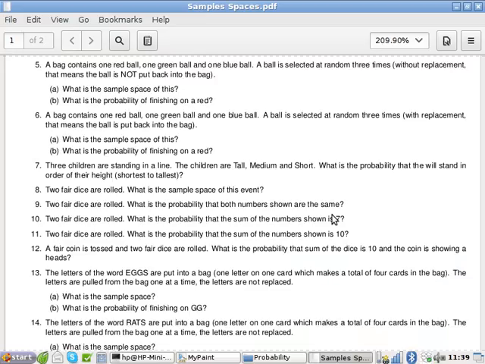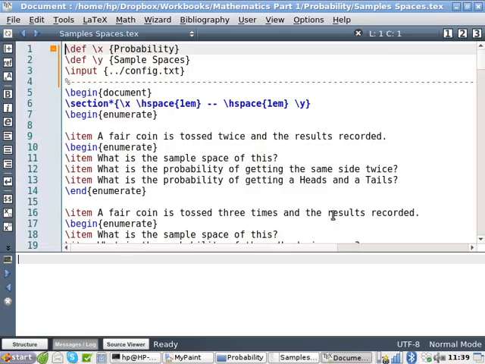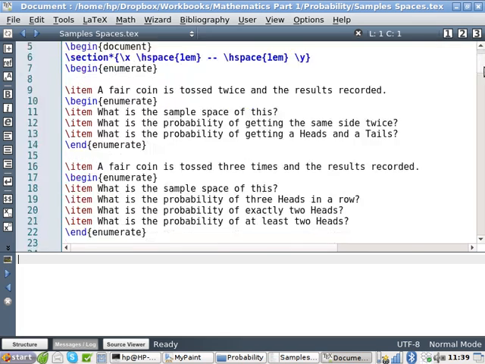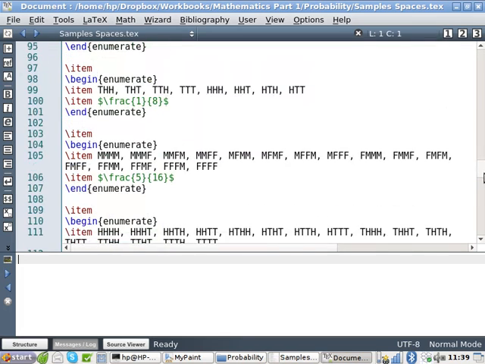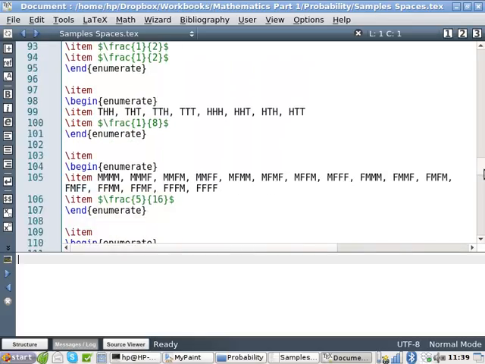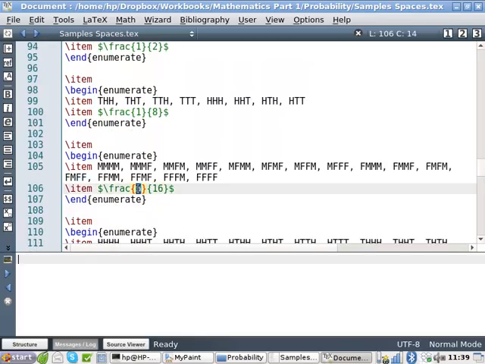The mistake? There's 3 diagrams. No, we haven't done that yet, so do it the same way. The answer here should have been 6 over 16, wasn't it?